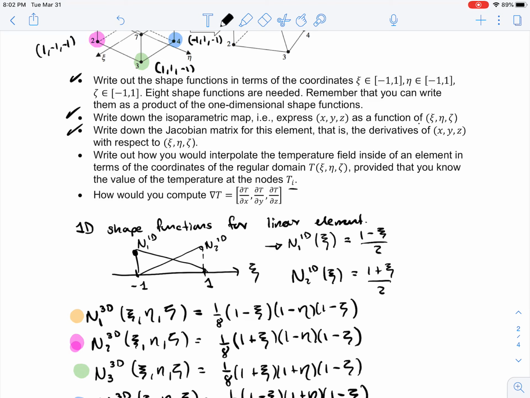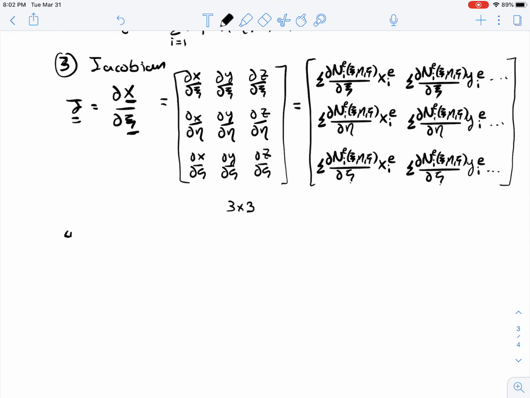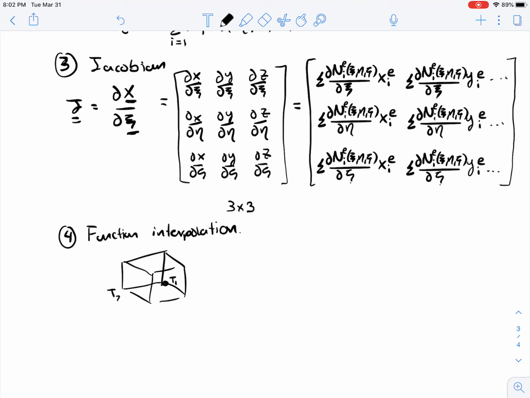How will you interpolate the temperature field inside of the element given that you have the nodal values? And then we are going to express the temperature field in terms of psi eta zeta coordinates. So this is function interpolation. That means basically we have our cube, and then we are given some values, T1, T2, T3, T4, T5, T6, T7, and T8.